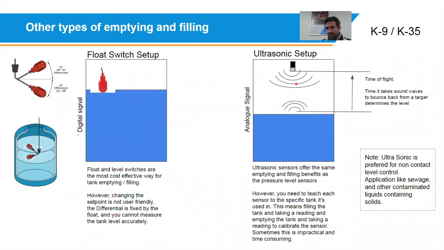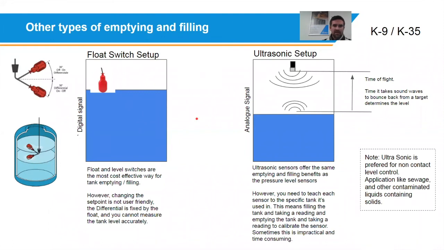Great for applications in sewage or in contaminated liquids. You wouldn't want to put your nice 712 into a sewage sump, for instance. You would rather use ultrasonic. This way you can keep the level constant and not make contact with the fluid.